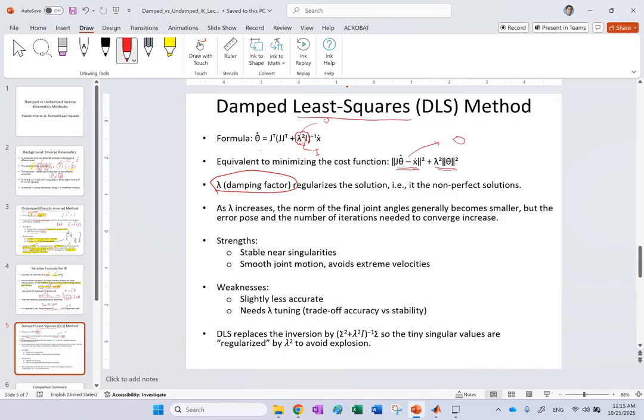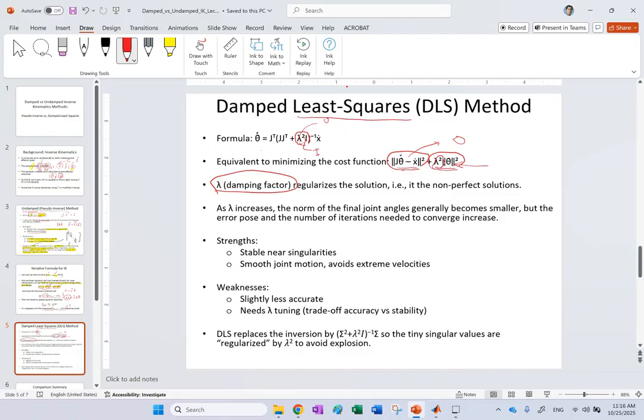This one has a trade-off between minimizing this one and this one. It tries to get this close to 0, but even if it doesn't go perfectly to 0, it is trying to force this norm of theta to get minimal. But none of them will be perfect because you're adding both of them. So the norm of theta will not be the perfect minimum, and the error will not be perfect 0. But it's a trade-off between the two.